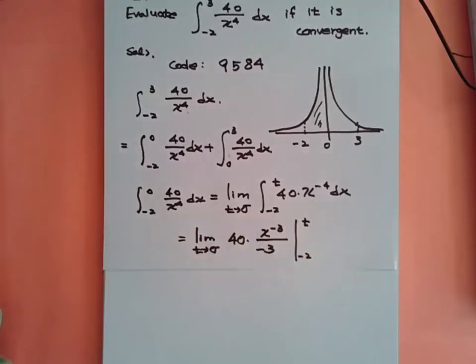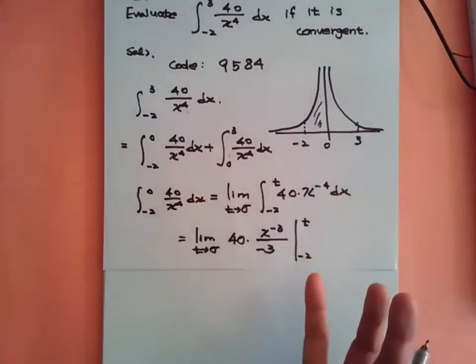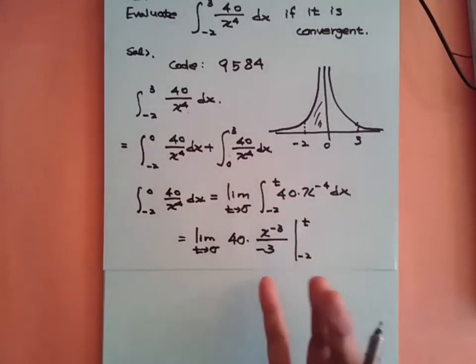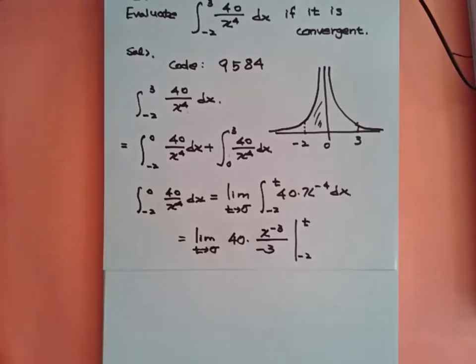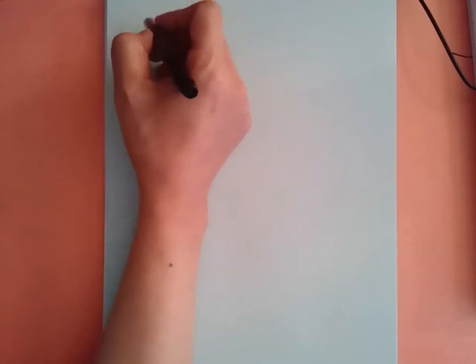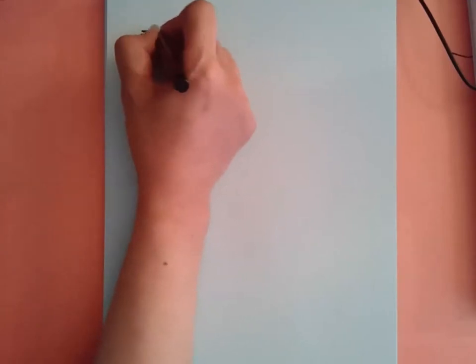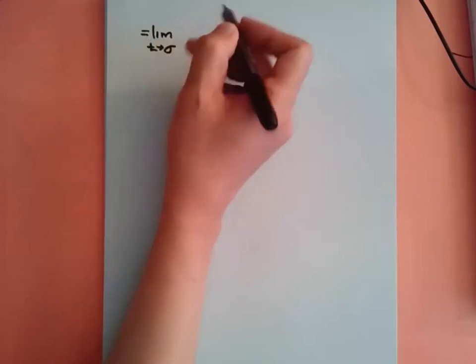Any questions so far? I just applied the power rule, so the exponent becomes 1 less, and then we divide by the new exponent. And then to conclude the problem, we have to take the limit for both terms.